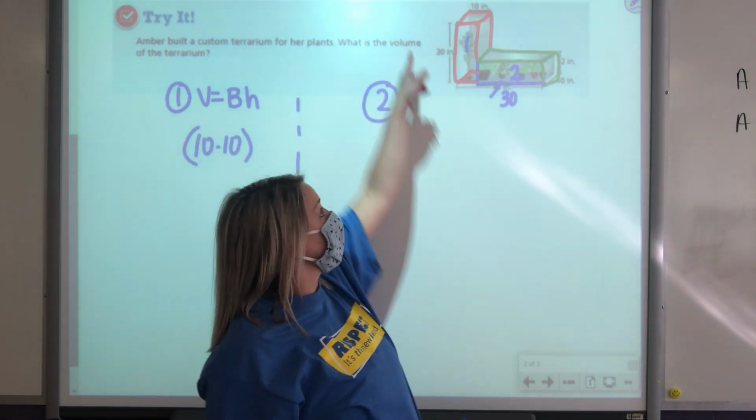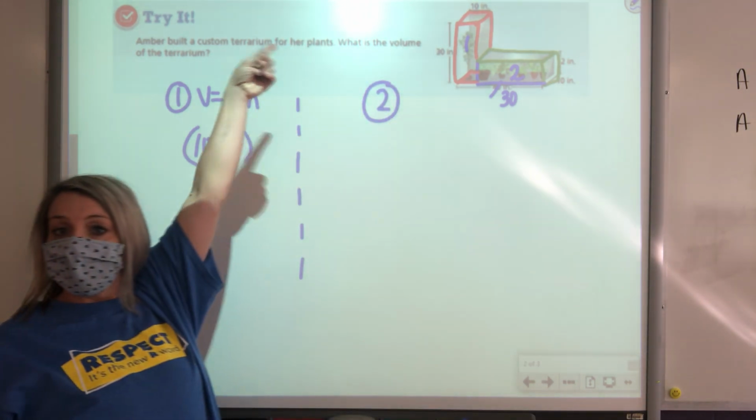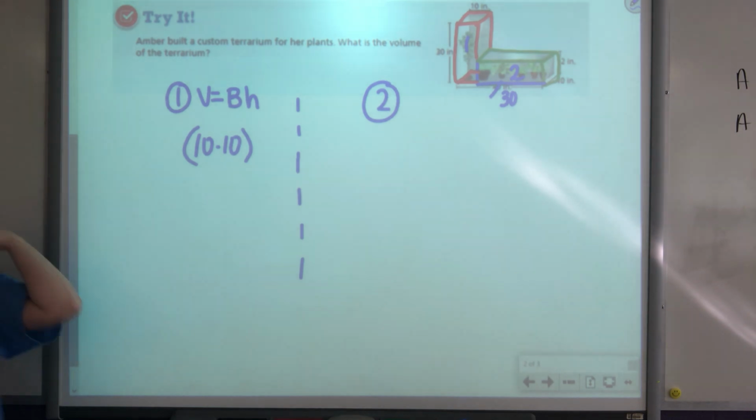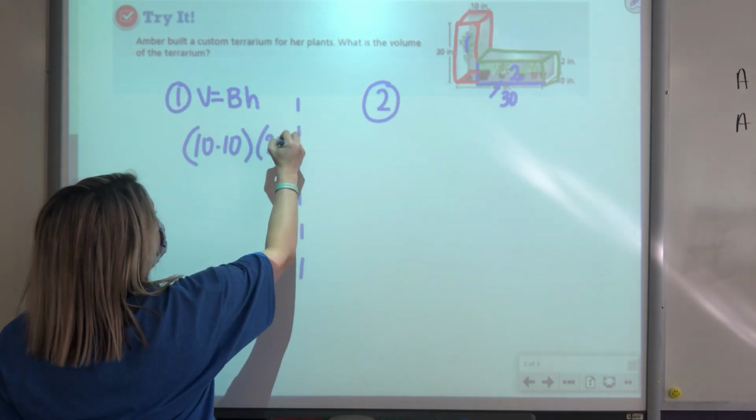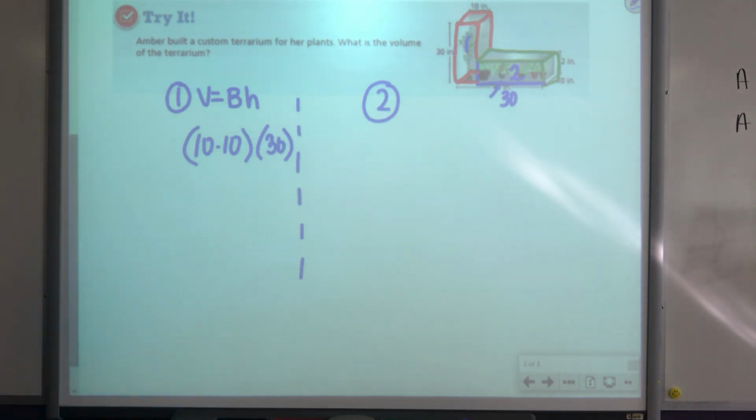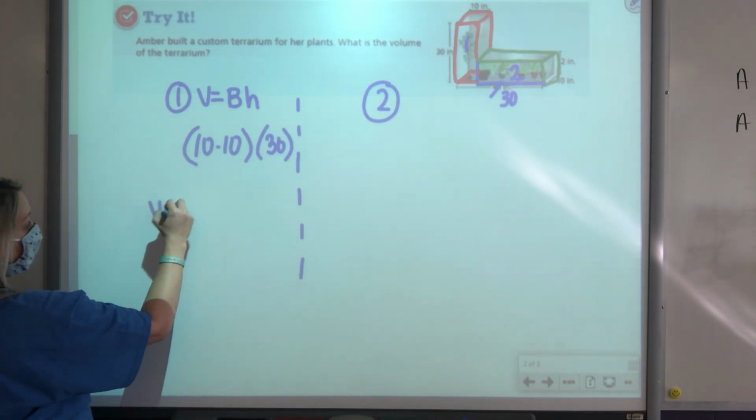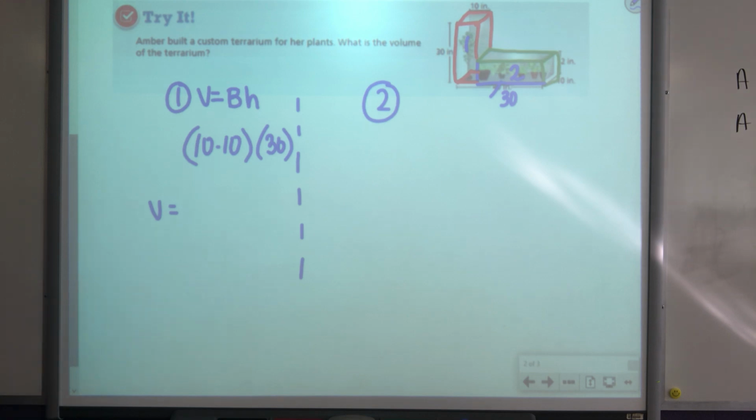What's the distance between those two bases? 30. Very good. Times 10? 100? 100 times 30? 3,000.